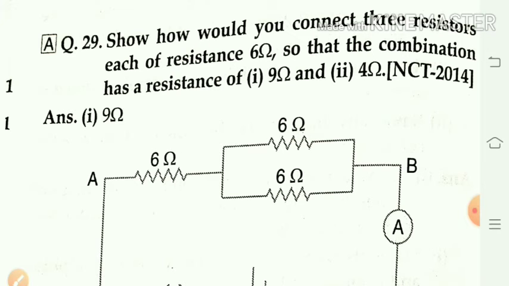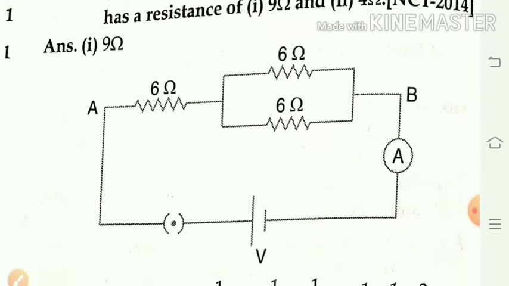Now you already know that when resistors are connected in series combination, the resultant resistance value is always greater than the individual resistance, and in case of parallel combination, the resultant resistance value is always less than the individual resistors. Thus, according to these two principles, we can see the possible combination in order to get 9 ohm resultant resistance and 4 ohm resultant resistance.